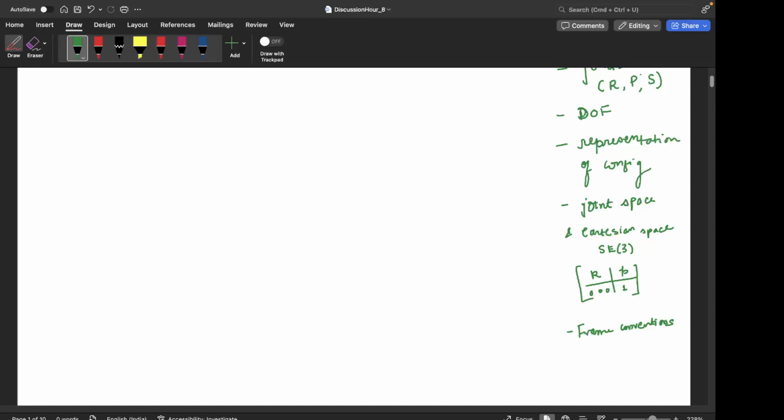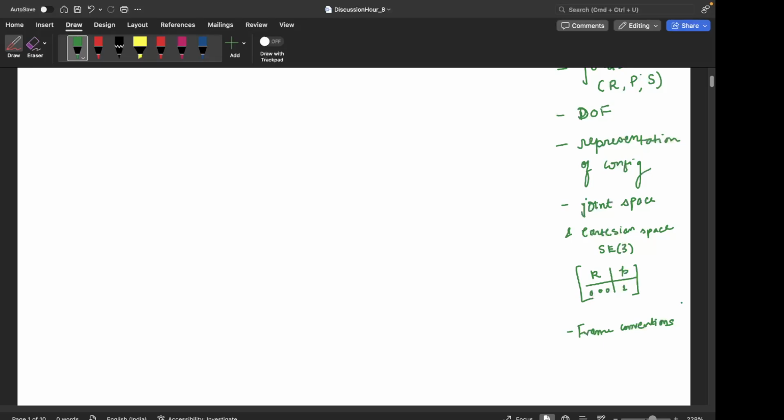Basically, you can assign different frames as well, unless they violate the orthogonality of the axes. But the DH parameters have been used for a long time now, and have become a standard in textbooks and also various code bases that you refer to. So that's a good thing to refer to.